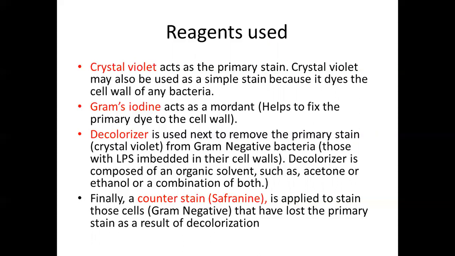The decolorizers are alcohol based, composed of an organic solvent such as acetone or ethanol or a combination of both, which will remove the color. Finally a counter stain, safranin, is applied. So these are the four.